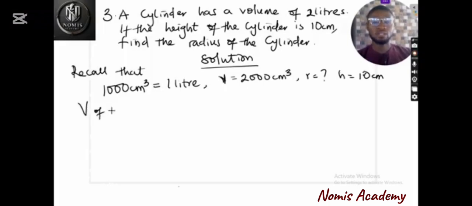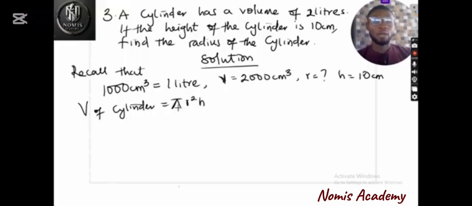That is, the volume of the cylinder is equal to pi r squared h. We need to make r the subject of the formula. So for me to make r the subject, all that is attached to r should be moved to the other side with the opposite operation.